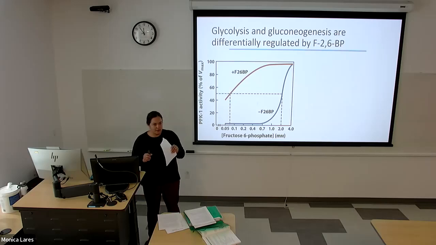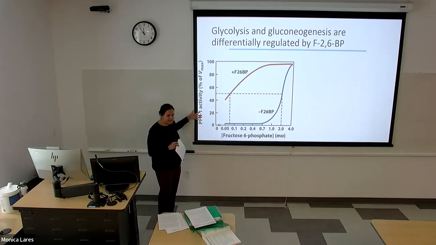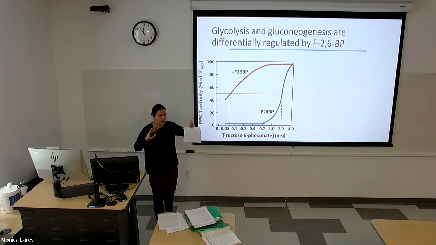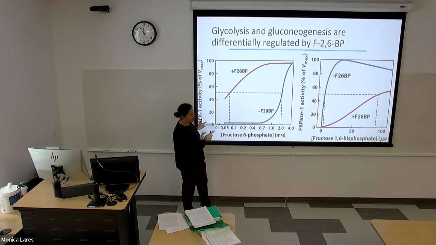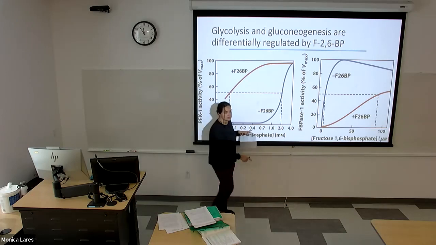Yeah, Cleo. It would inhibit because of that reciprocal regulation. PFK1 is glycolysis, FBPase1 is gluconeogenesis. Those are opposing pathways. We've got to reciprocally regulate them. If fructose 2,6-bisphosphate is activating this one, it better inhibit FBPase.